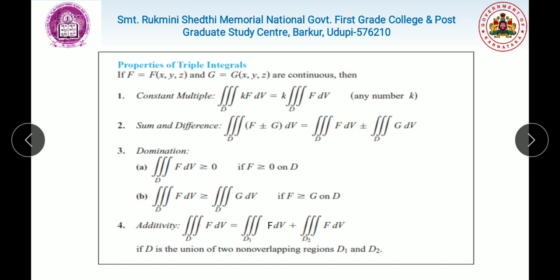The third property says that if f is a non-negative function, then the triple integral of f over the domain D is also non-negative. And if f dominates g over D, then the triple integral of f also dominates the triple integral of g over D. The fourth property is the additive property: if D can be expressed as the union of two non-overlapping regions D1 and D2, then the triple integral of f over D is the triple integral of f over D1 plus the triple integral of f over D2.